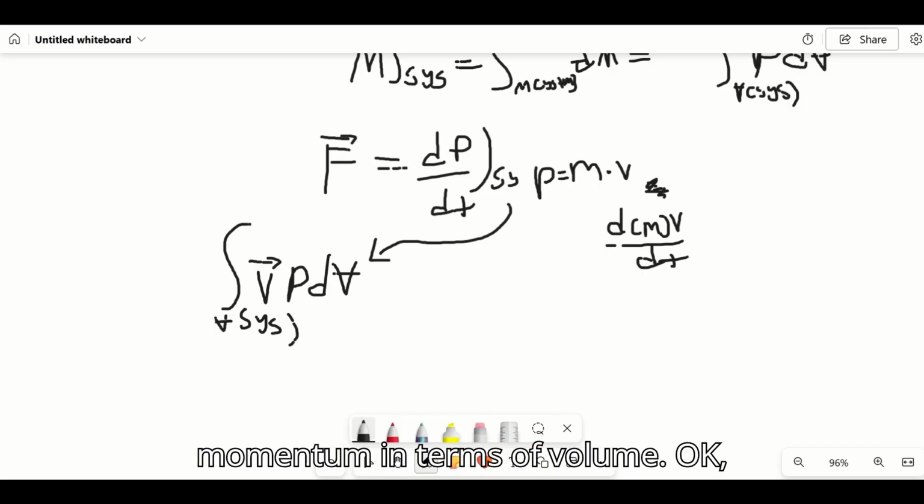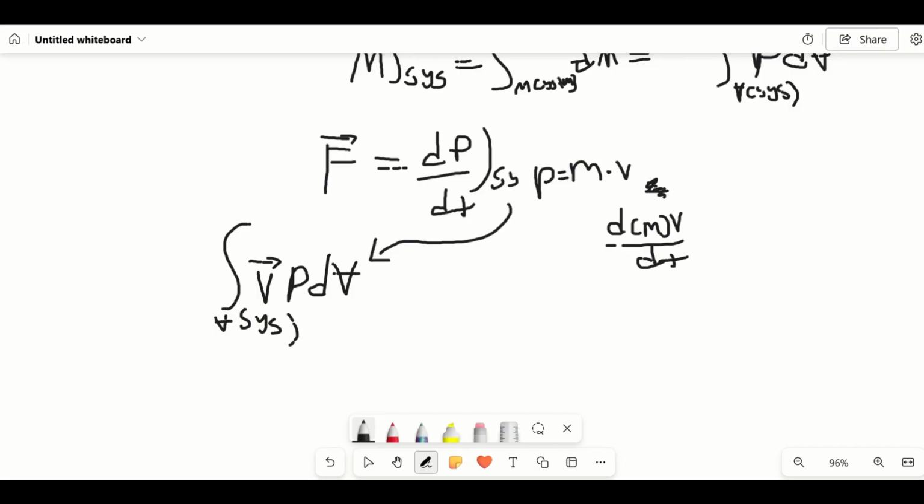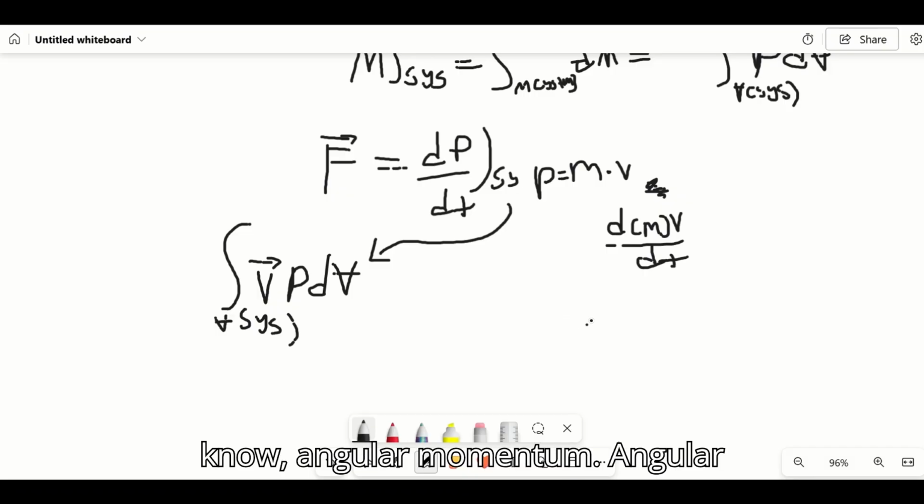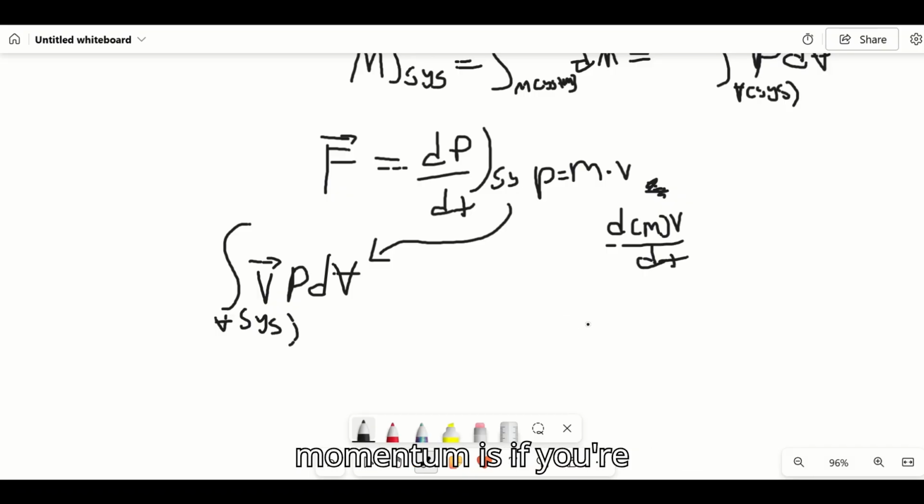Okay. Now we can also do the same depending on angular momentum. Angular momentum, if you're familiar with it, is like r cross v, right?